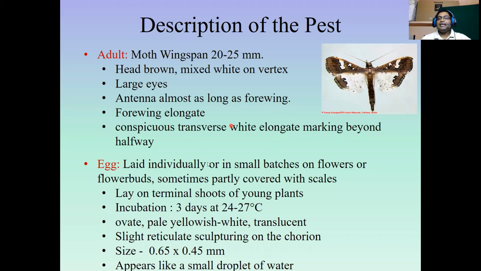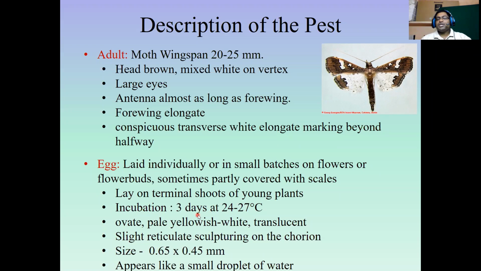The females lay small eggs, mainly individually. In some cases you can find small batches on the flowers and flower buds. They also lay on the terminal shoots of young plants.